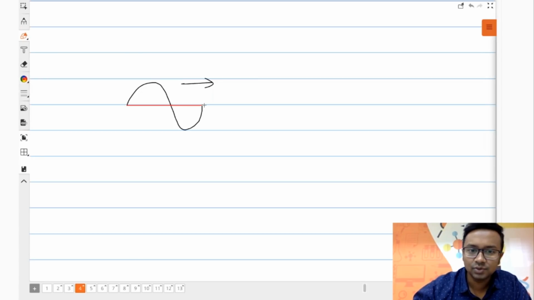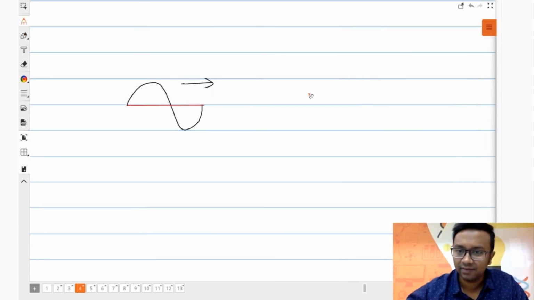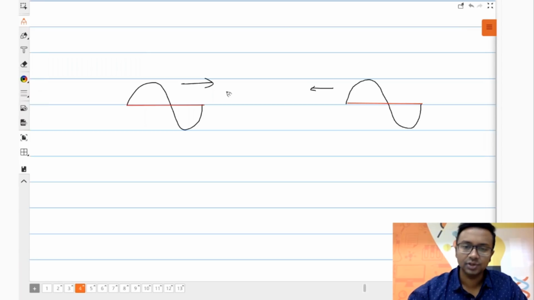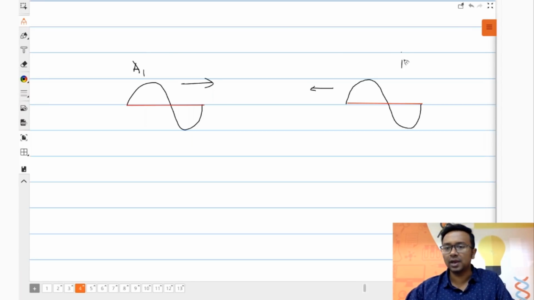And students, I have got another wave, which is traveling in the opposite direction. Say this has got an amplitude A1 and this has got an amplitude A2.